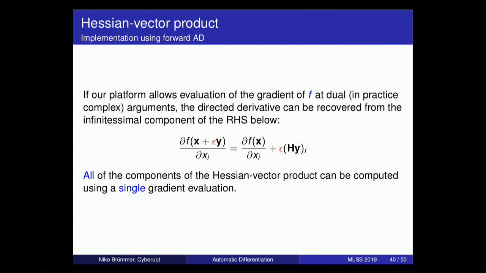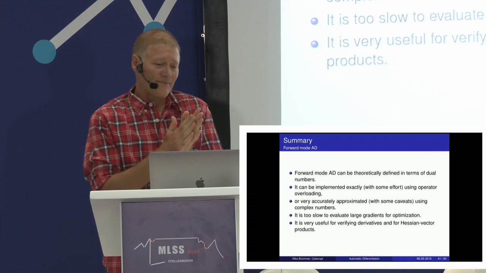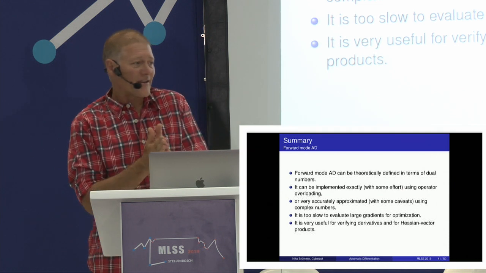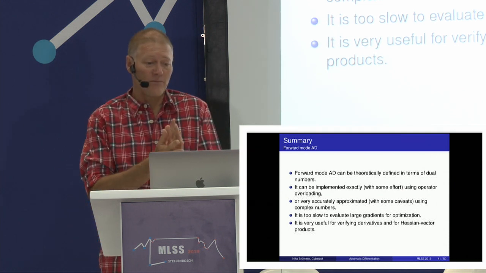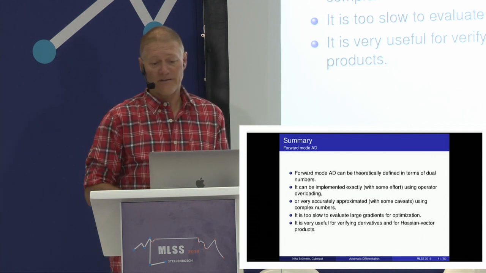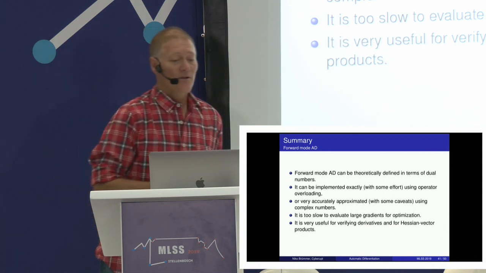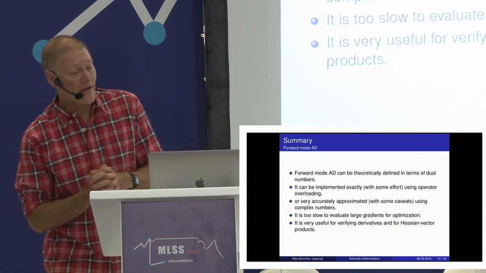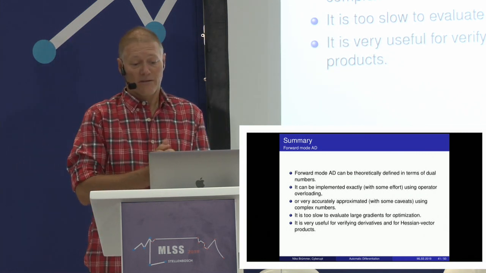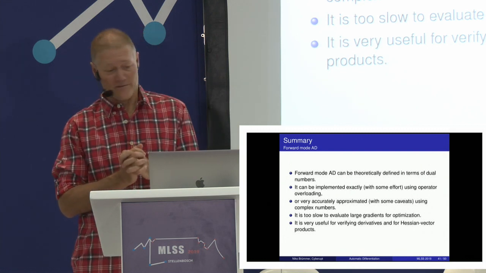So we're more or less done with forward mode automatic differentiation. It's nice to theoretically define it in terms of dual numbers. It can be implemented exactly using operator overloading, but there's some coding effort involved there. Or you can very accurately approximate it using complex numbers, but there are some things to watch out for.